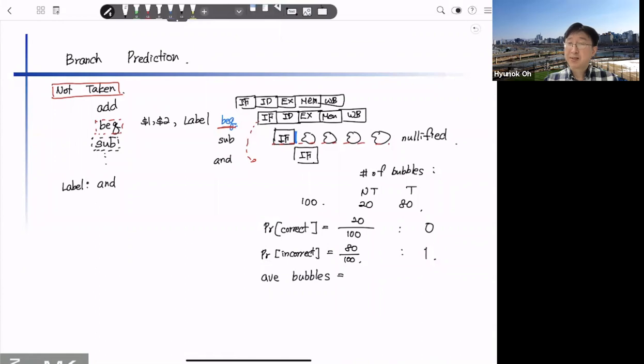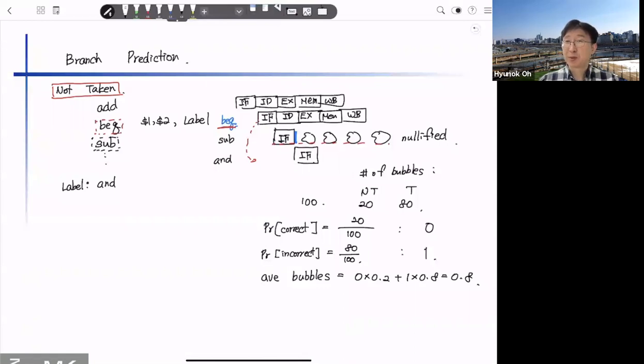On average, 0 times 0.2 plus 1 times 0.8, so 0.8 bubble. Okay, so the bubble is 0.8.